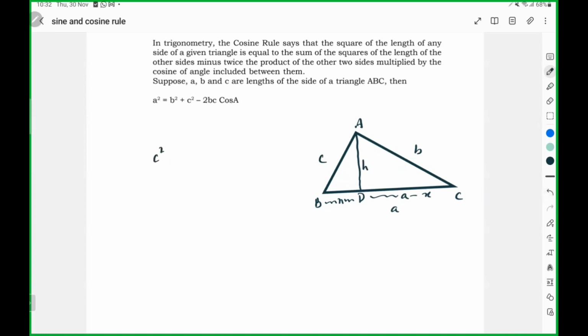C square is H square plus X square, from which triangle? Triangle ADB. So B square is H square plus (A minus X) whole square, from triangle ADC.